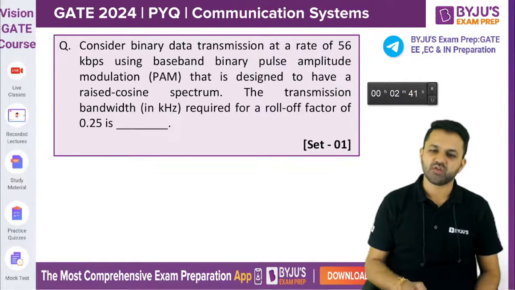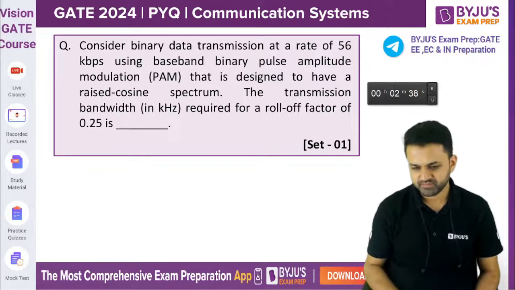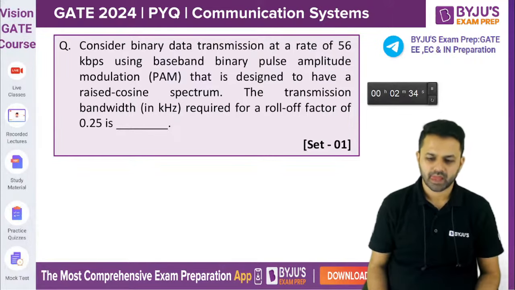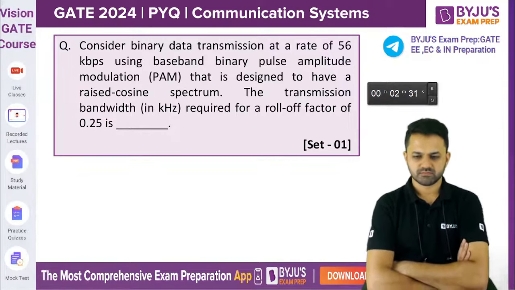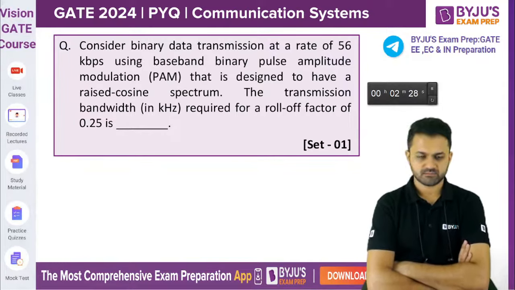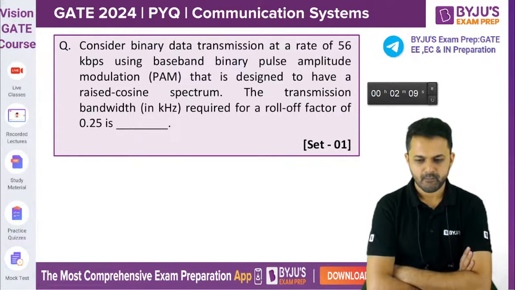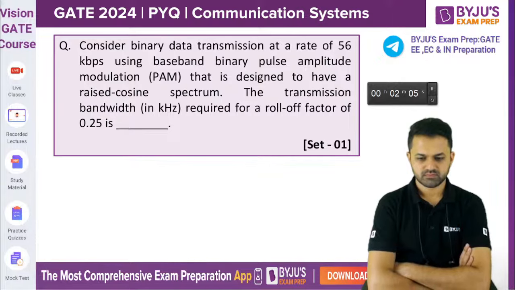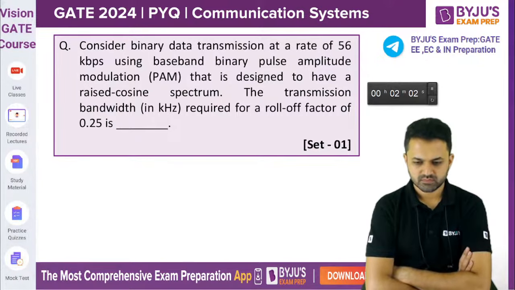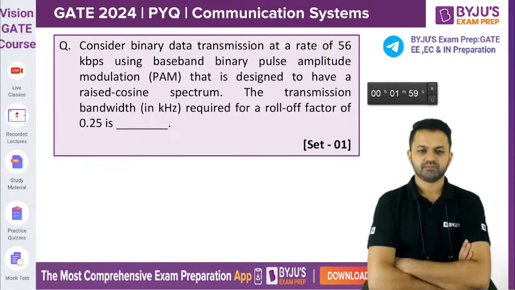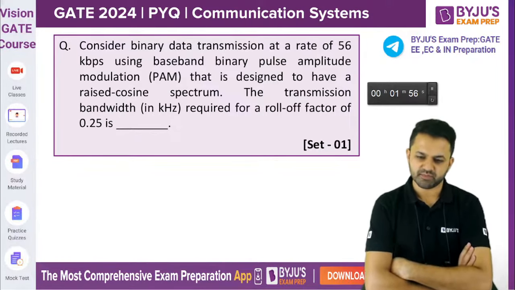What is the transmission bandwidth required for the roll-off factor of 0.25? The transmission bandwidth required by the PAM.